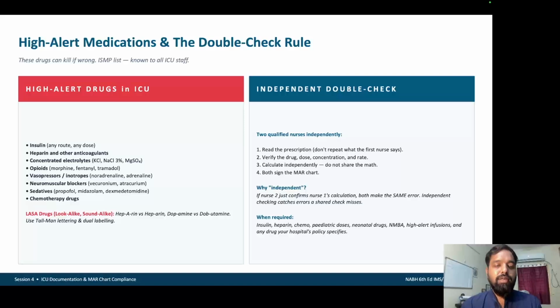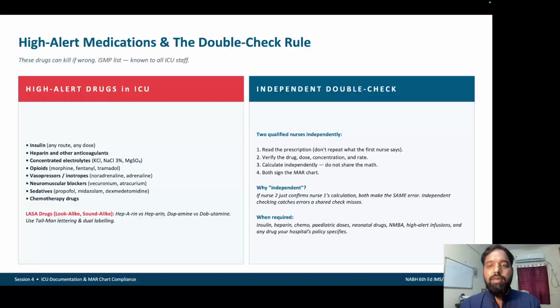High alert drugs in ICU are insulin, heparin, and anticoagulants, concentrated electrolytes like KCl, sodium chloride 3% saline, and opioids like morphine, fentanyl, and vasopressors like noradrenaline, adrenaline, neuromuscular blockers, sedatives like propofol, midazolam, and dexmedetomidine, and chemotherapeutic drugs. And also includes LASA drugs, look-alike and sound-alike drugs, for example, dopamine and dobutamine, etc.